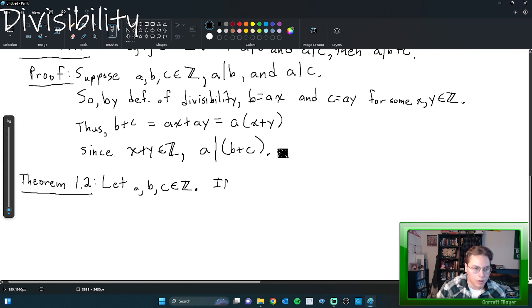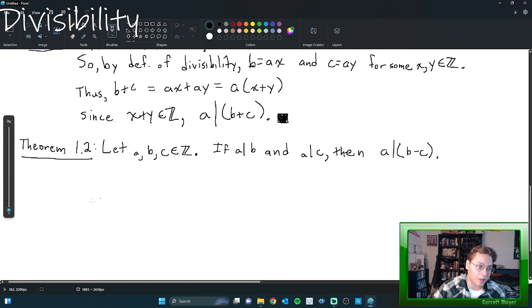If A divides B and A divides C, then A divides B minus C. And this is going to be a very similar proof because these are very similar concepts. Subtraction is basically just adding a negative integer. But just for some more practice with these type of divisibility proofs, let's go over this as well.